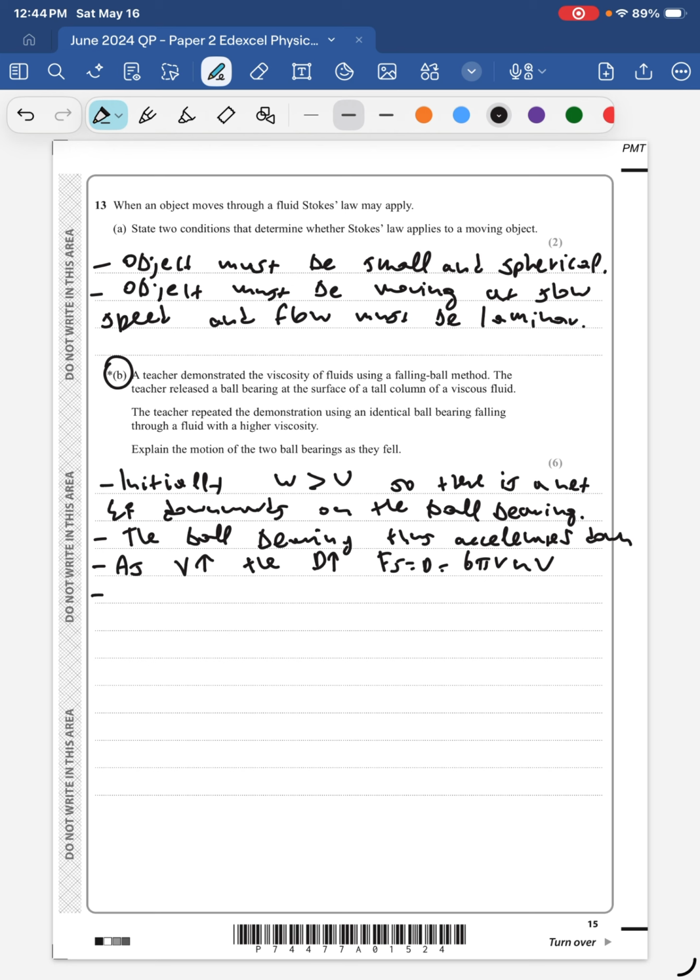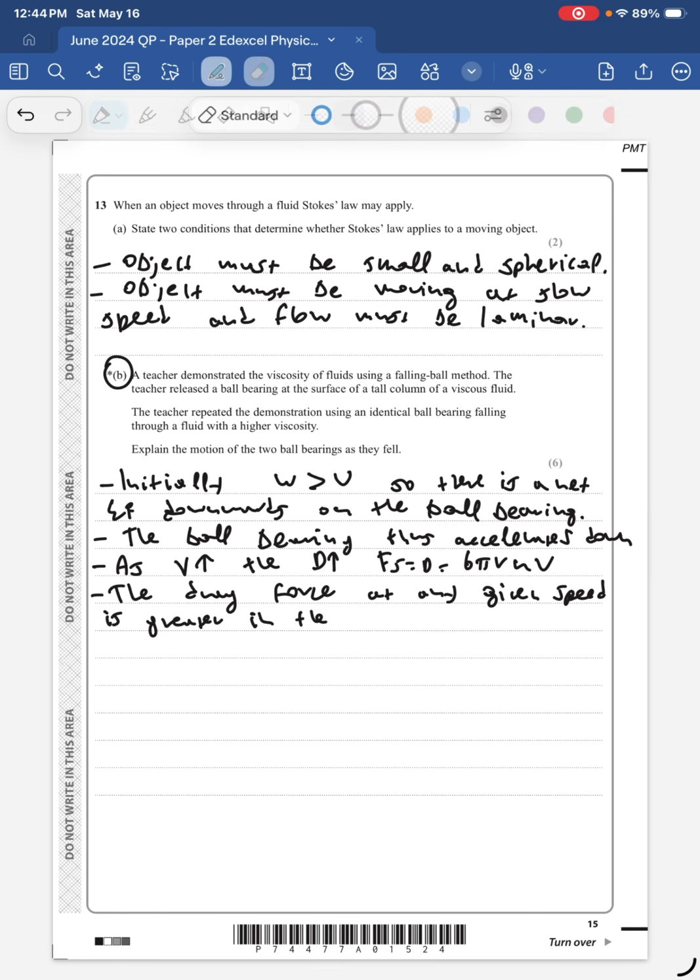So the drag force at any given speed is greater in the fluid with higher viscosity eta.